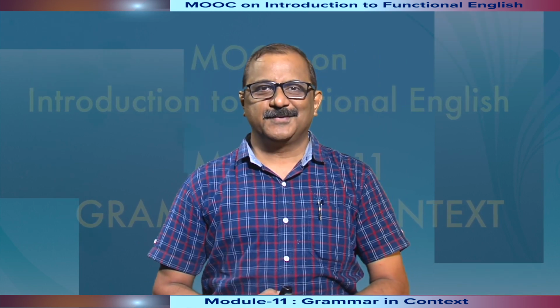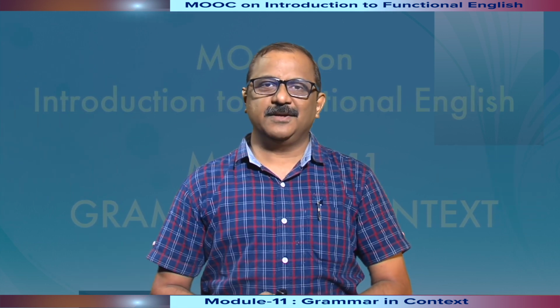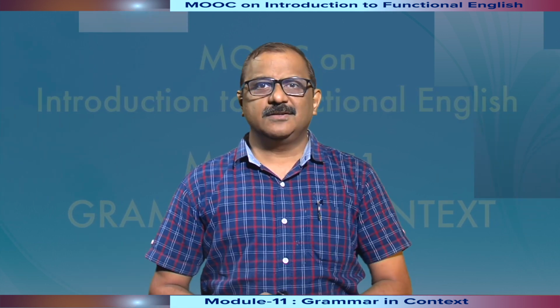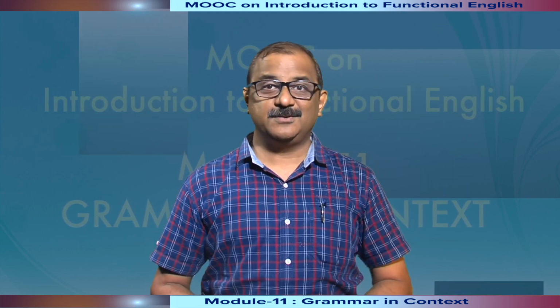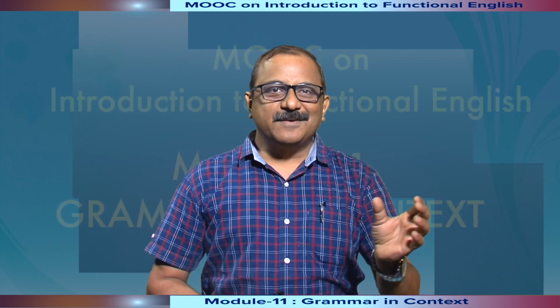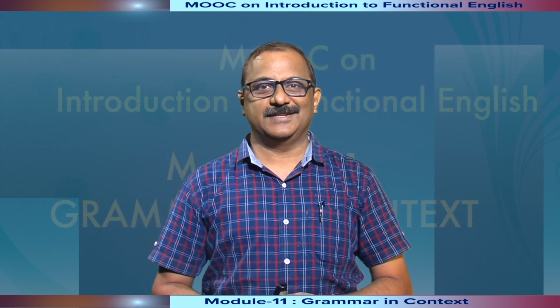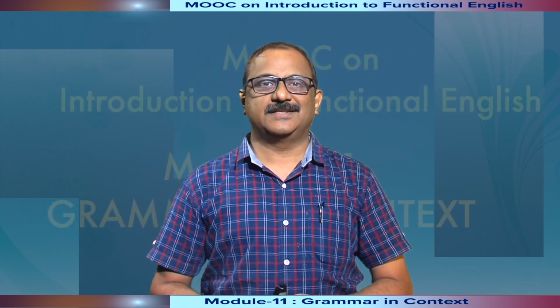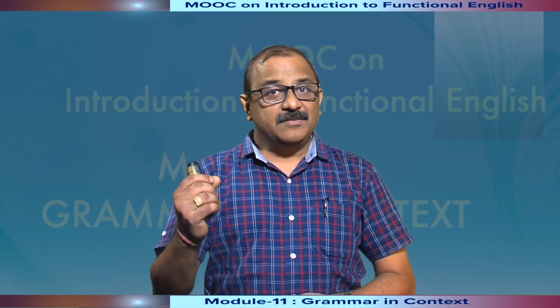You might be wondering, well, agreement happens between two persons, between two parties, between two teams, between two nations or countries. What is this agreement between the subject of a sentence and the verb of that particular sentence? Yes, there is agreement regarding number and person.